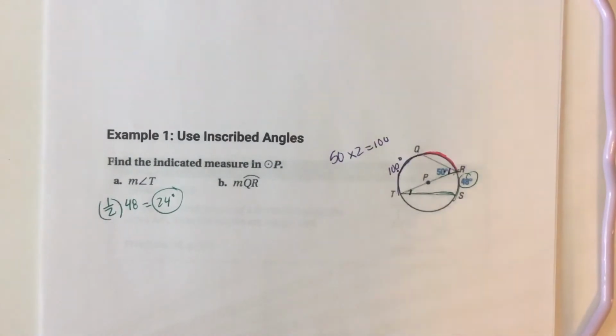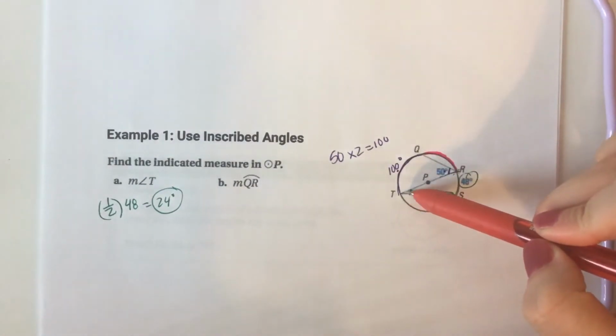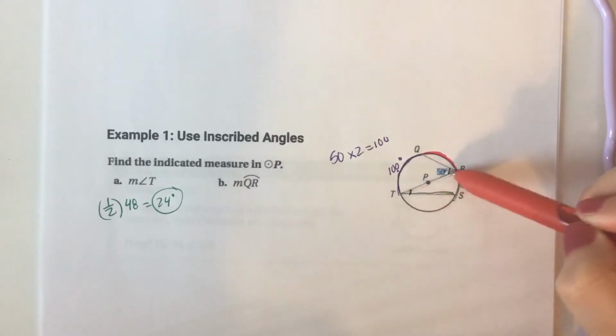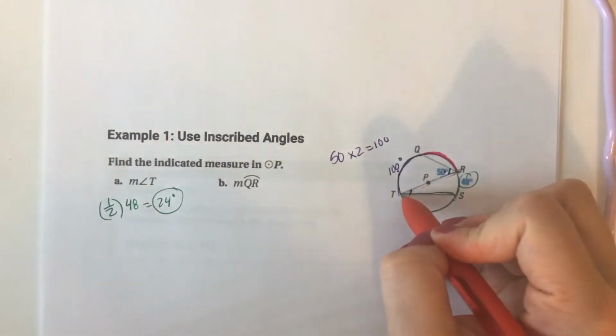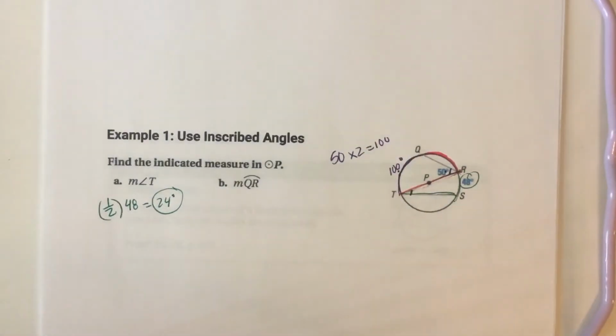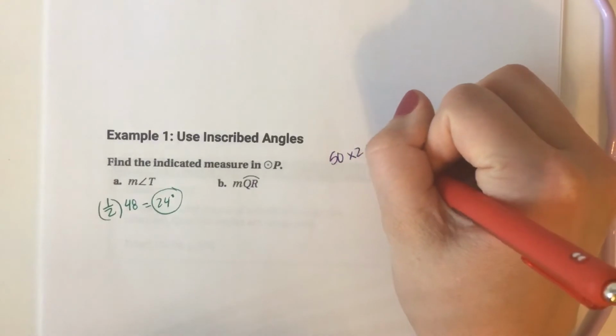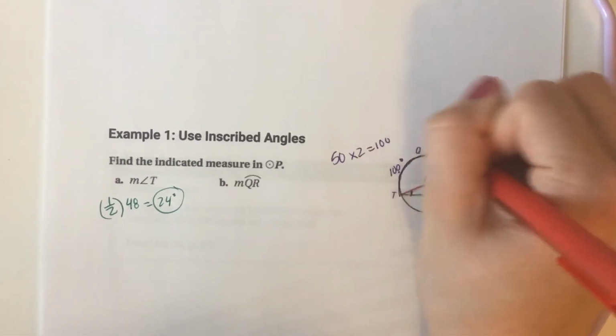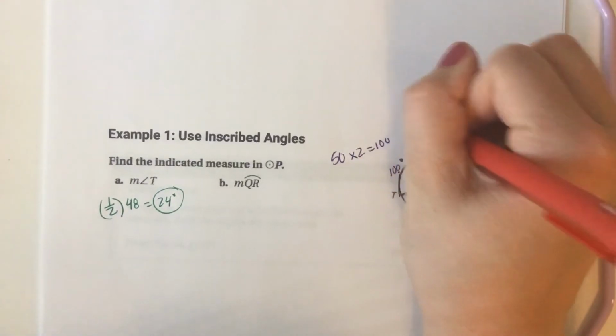If we look at the circle, they give us center P, which means that segment RT is the diameter because it goes through the center. It's a chord that goes through the center, so it splits the circle into two semicircles. That means this entire arc from T to Q and from Q to R is 180 degrees.